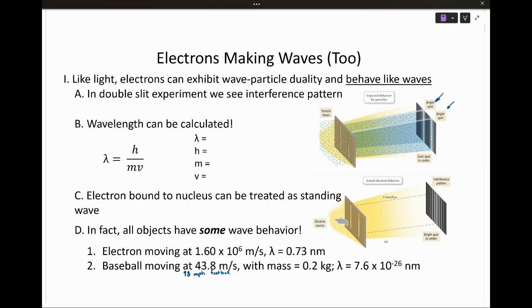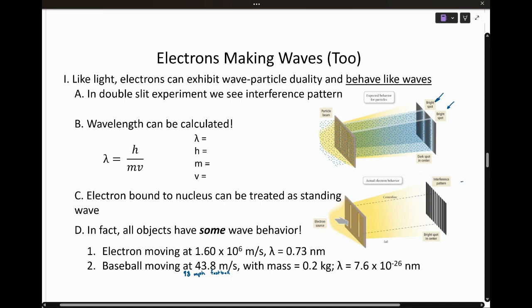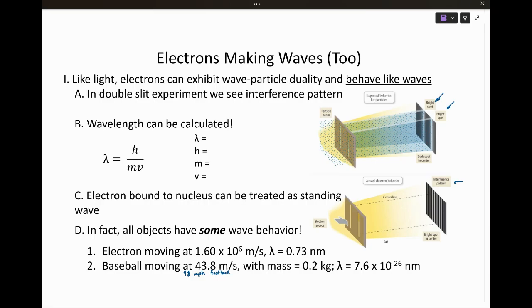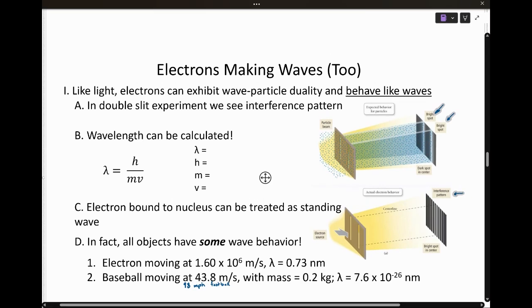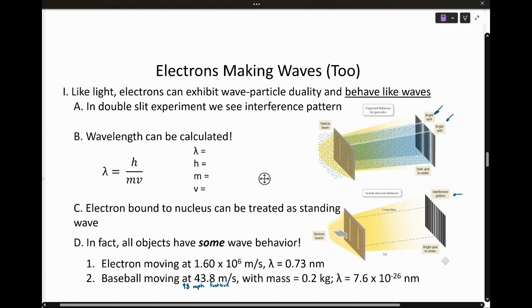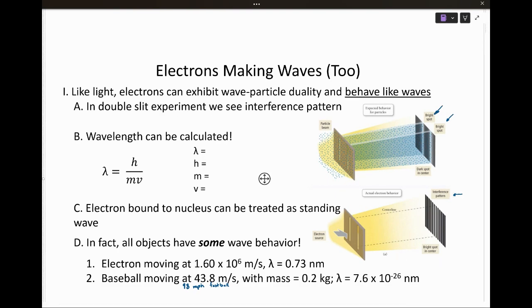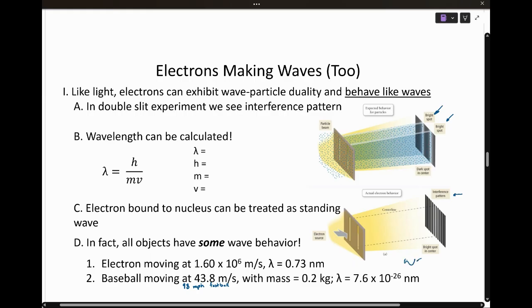But if we do this, what we actually observe is that the electrons form an interference pattern, just like what we saw with light, where it's behaving like a wave. So we could just say this is behaving like a wave.